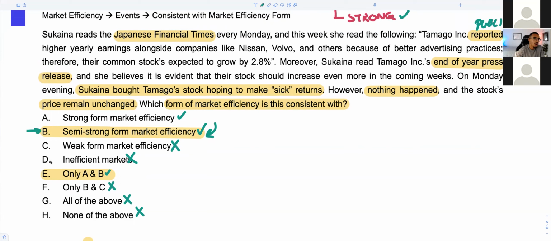But if I were the teacher, I would say that you're okay with saying that it's A and B. That's my position. I wouldn't mind on an exam saying, hey, you didn't say anything about private information, but by definition, you could go for B or E. I'm going to go with E, that's my position, just because I'm going to assume that there was no private information that could have been used.